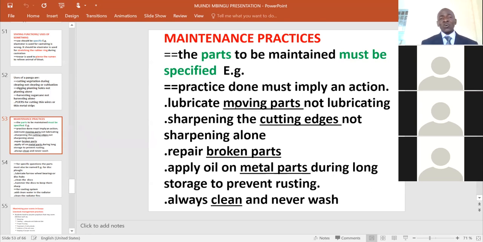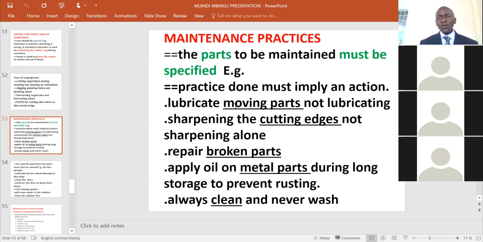Shed, very good. So we store the implements under shed, S-H-E-D, because that is a structure with a roof that is leak-proof, and therefore will protect the metallic parts of the implement from rusting.